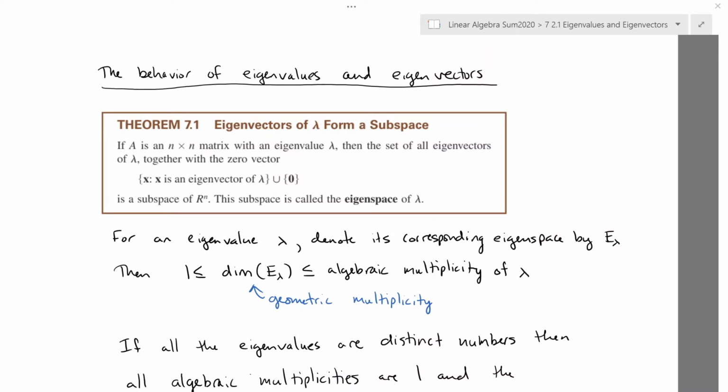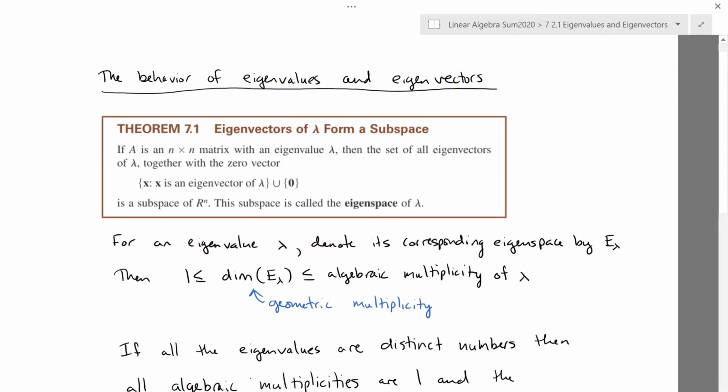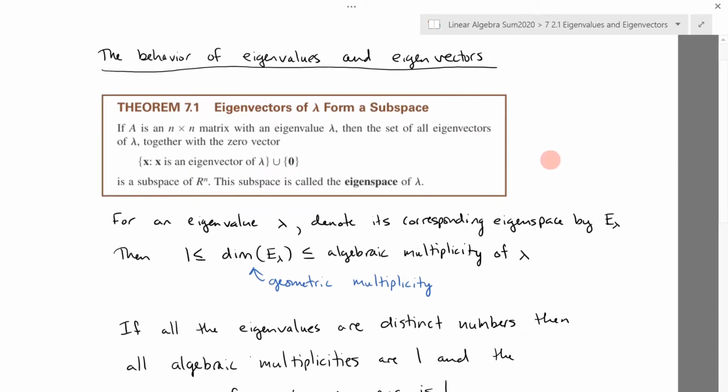On this page, we're going to talk a little bit about the behavior of eigenvalues and eigenvectors, so we can pay attention to things to look for as we do the calculations.